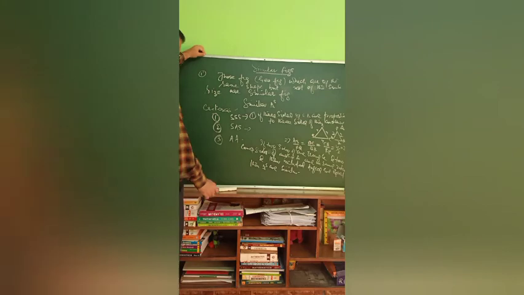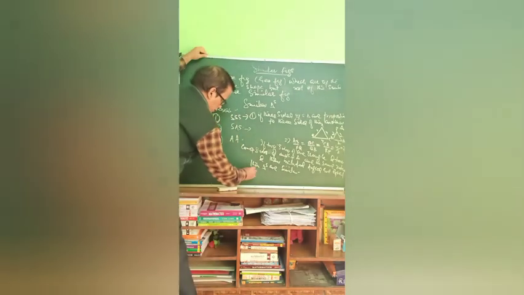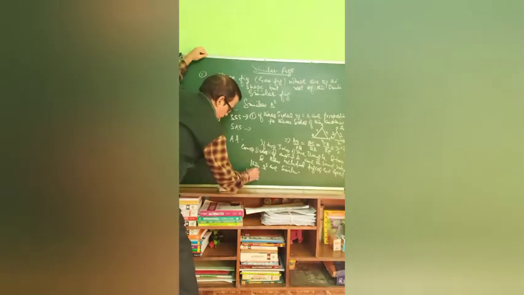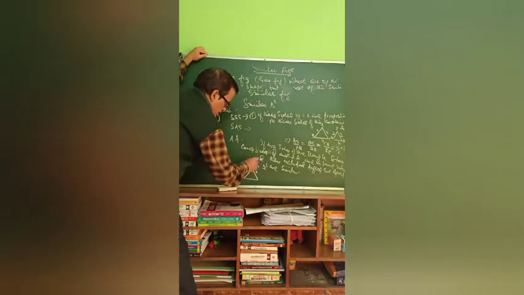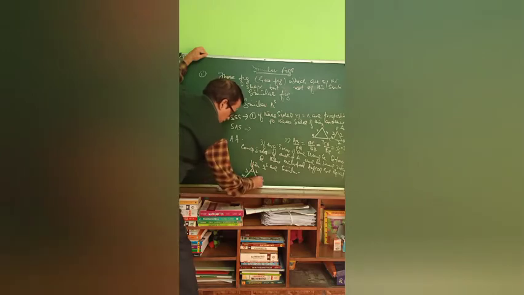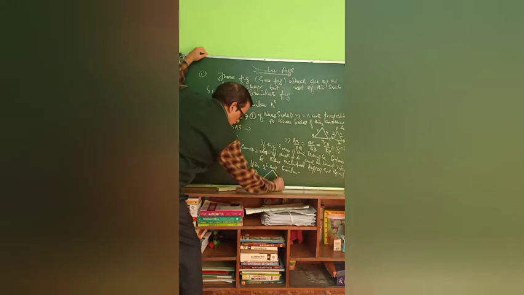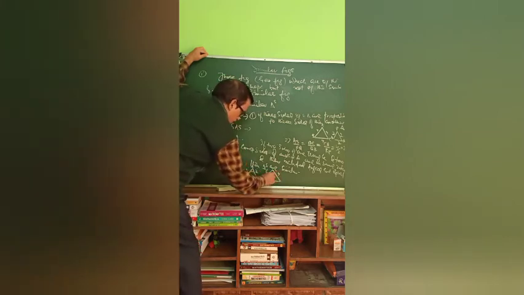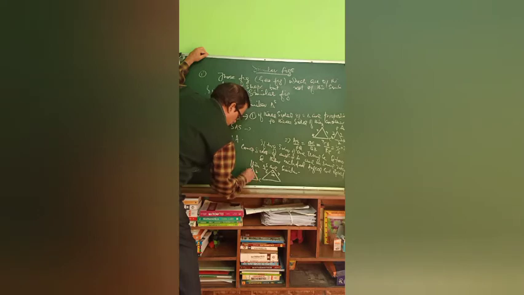So for example, I have taken one triangle ABC. Here it is 3 centimeter, it is 2 centimeter, and this is 50 degree. Here I have taken another triangle, this is 6 centimeter, this is 4 centimeter, this is also 50 degree.